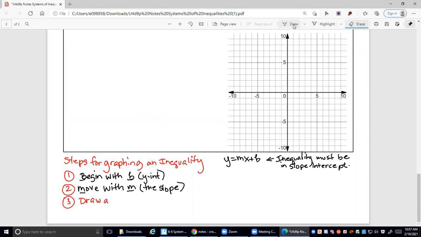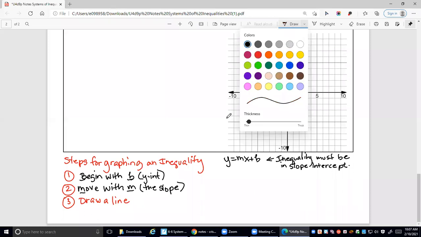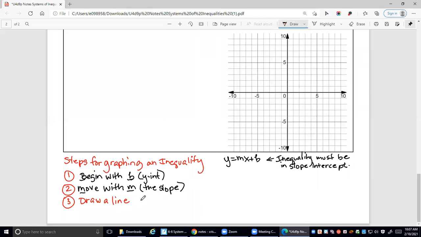But we got to talk about what kind of line, right? So let's say that we're talking about less than or greater than. Okay, let's see if you remember. What kind of line is it going to be? Dashed or is it solid?